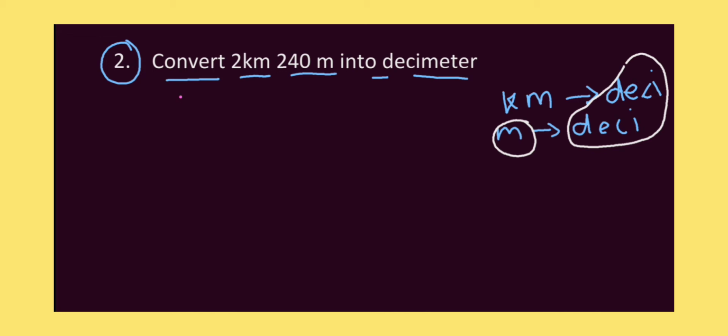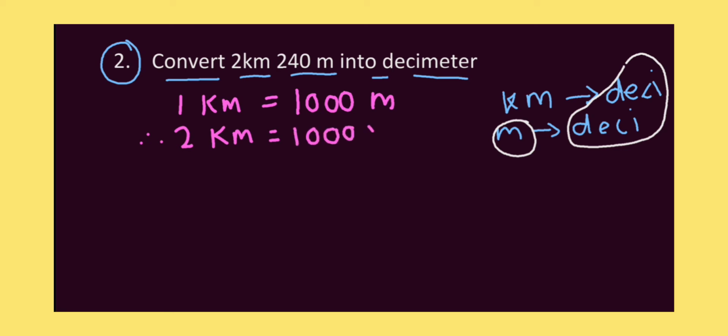Now we know that 1 kilometer is equal to 1000 meters. So therefore 2 kilometers will be 1000 multiplied by the number which is asked, which is 2000 meters. Now the question does not stop here. You have 240 meters which is given here, which also needs to be added to this.